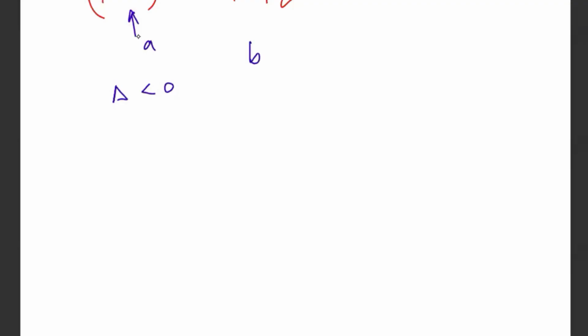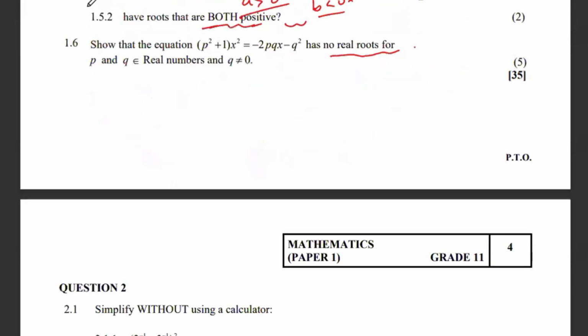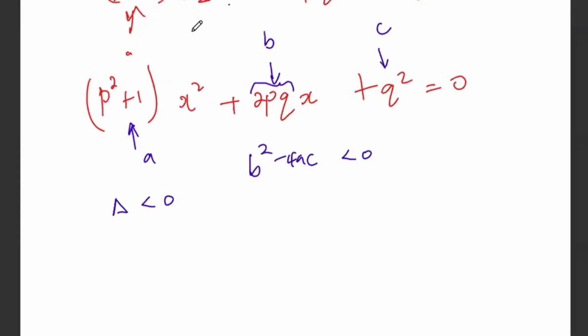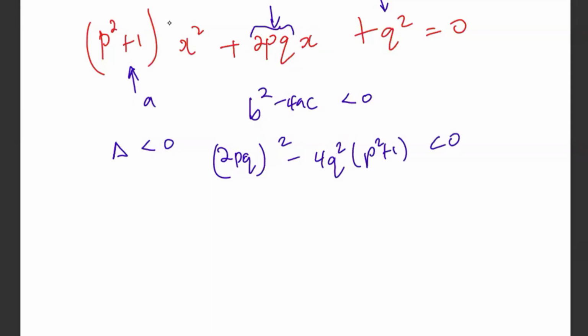Meaning that b squared minus 4ac should be less than 0. If that is true, then we're sure that it has no real roots. So our b squared, we have 2pq squared. For our a, let me start with the c: 4q squared into p squared plus 1 should be less than 0.